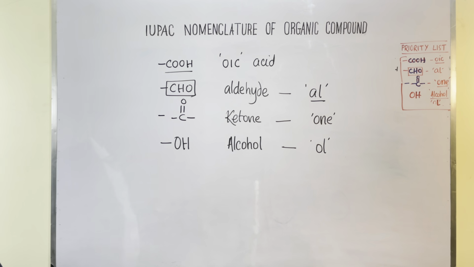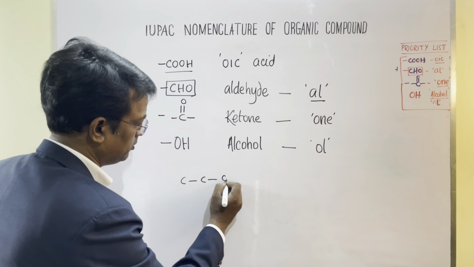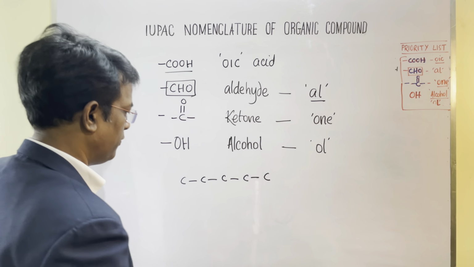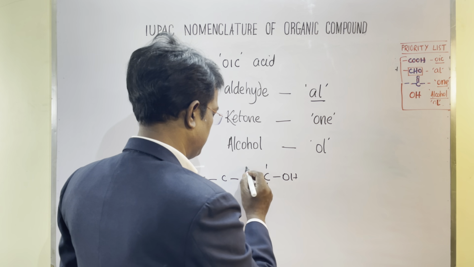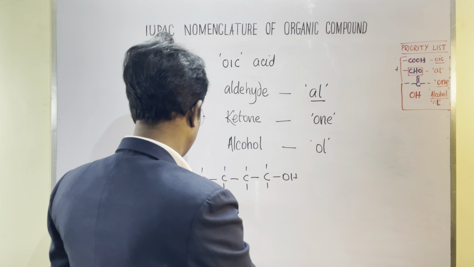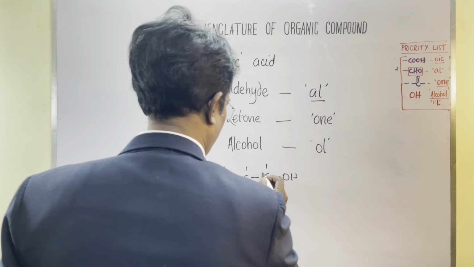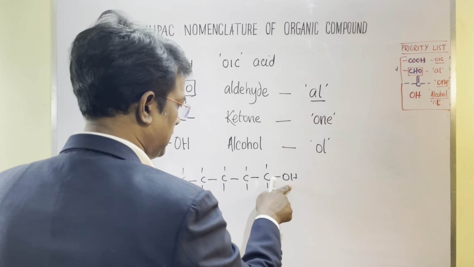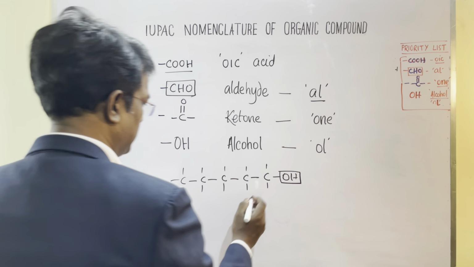Let me start with alcohol here. So suppose a chain of 4 carbons and then OH, of course. Very simple. The carbon attached to the main functional group should get priority number 1.